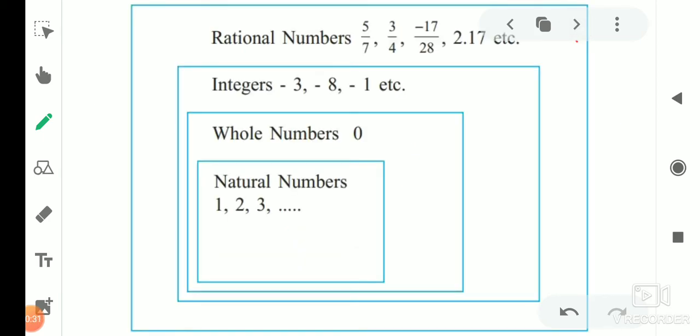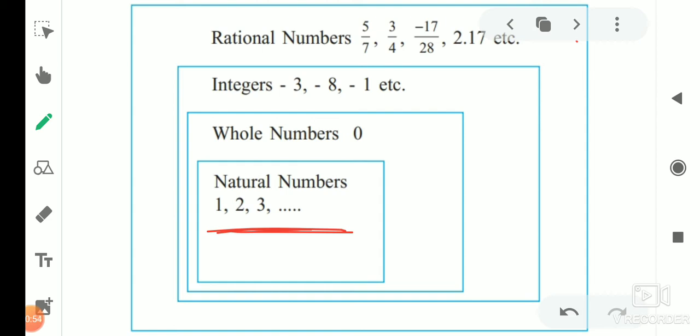Now let's take a look at this table that is given on your page number 34. In this table you can observe that natural numbers start from 1, 2, 3 and so on, right? It is the smallest group of numbers.